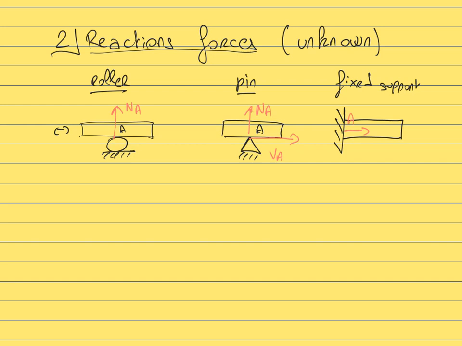This force is also normal to the surface over which it is applied. So we can write it NA. Then the fixed support also prevents the body from going up or going down. So there is going to be a vertical force, applied along the surface over which the force is applied. So we can write it V.